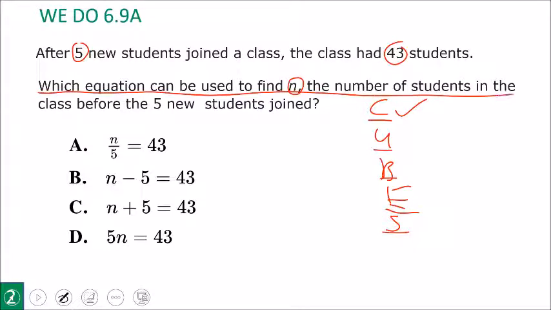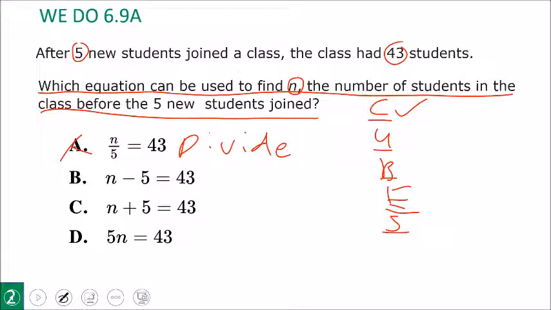Make sure we underline our question. What is that? Is that subtract, add? All right, it was add. So we're adding. So A is divide. It's trash. Get rid of it. Then we have n take away 5.